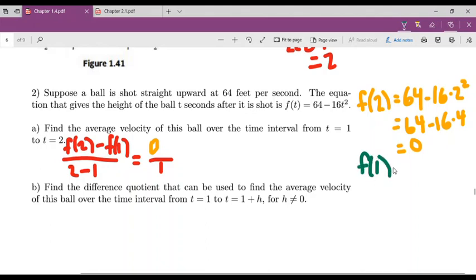Okay, so we're going to get 64 essentially minus 16 times 1 squared, which is essentially 64 minus 16. 64 minus 16 should give us what, 48?